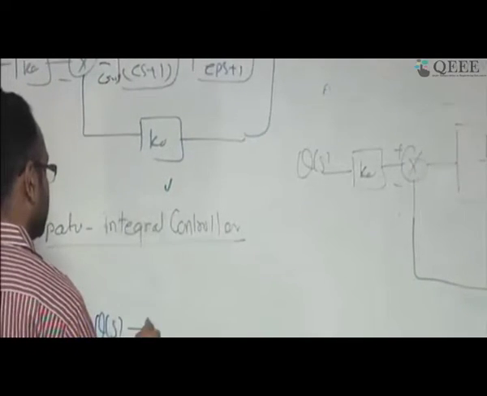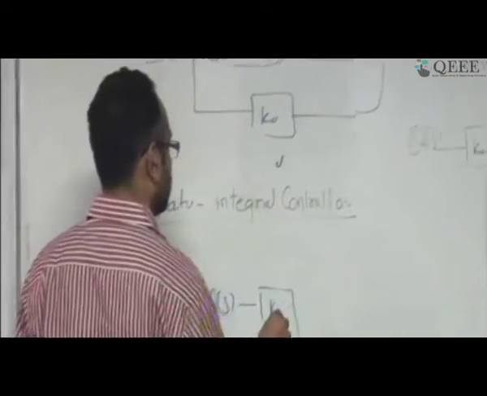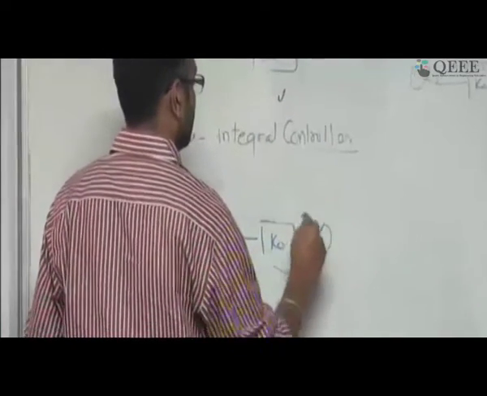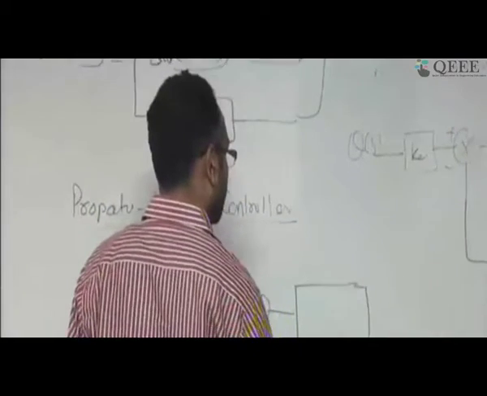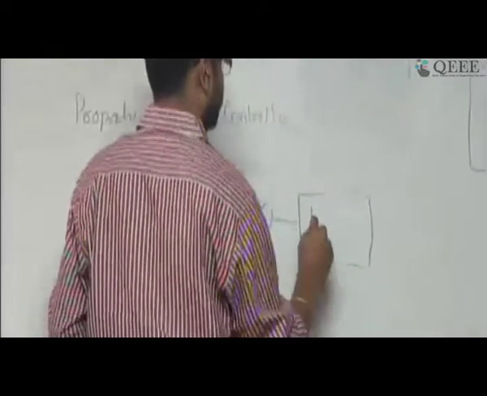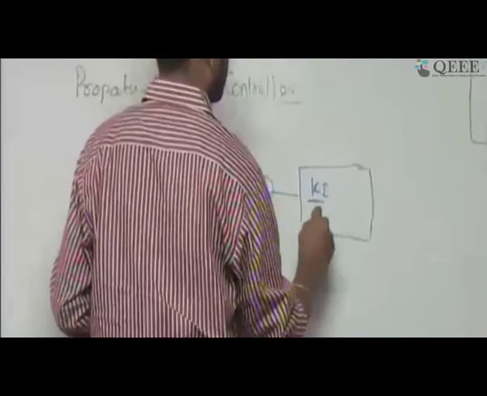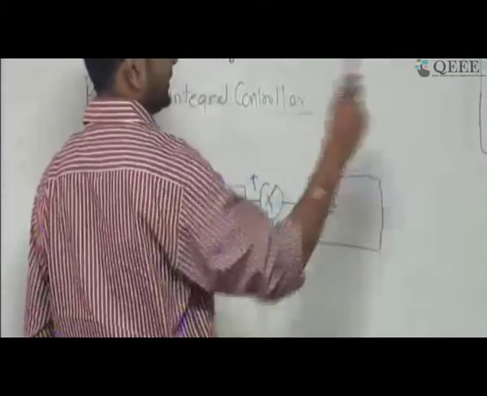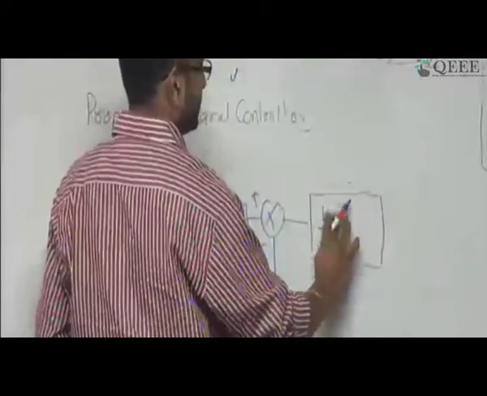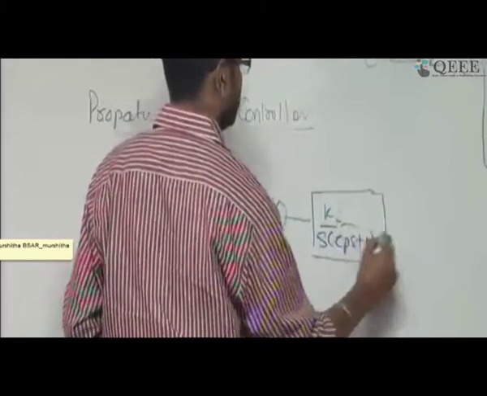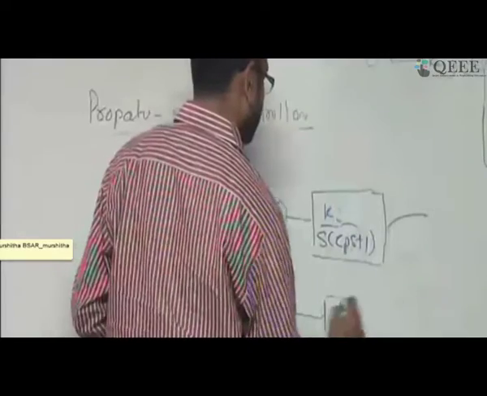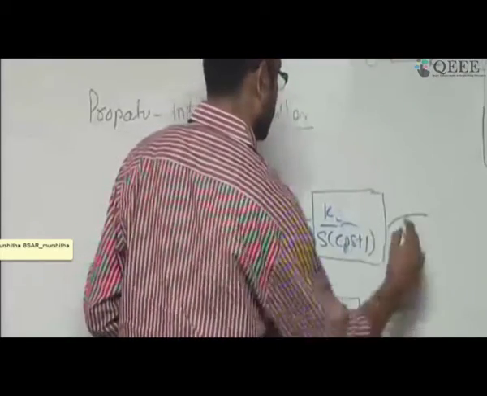This is going to be theta of s, k0 plus minus, ki. Now the entire thing, ki, kp, all these terms, you can write as k, divided by s into tau p s plus 1, and this is going to be k0.